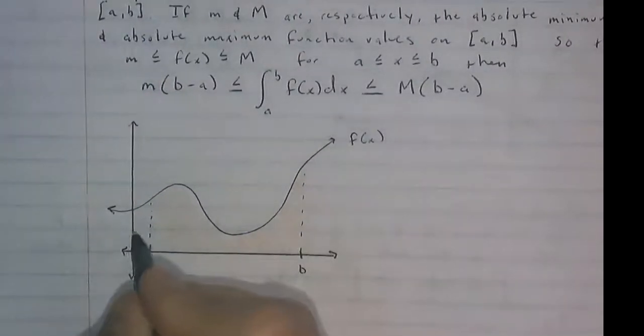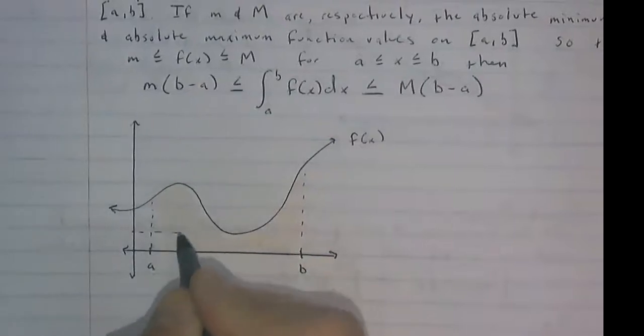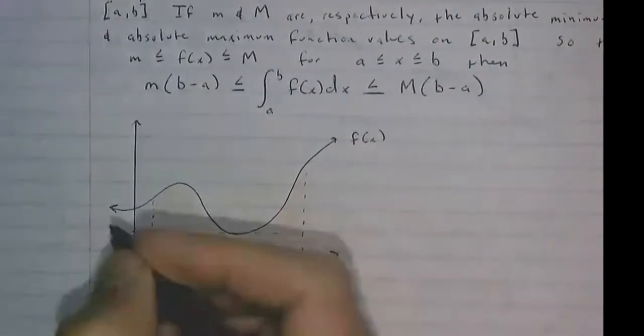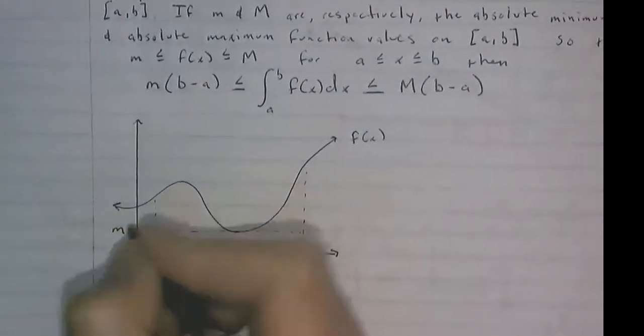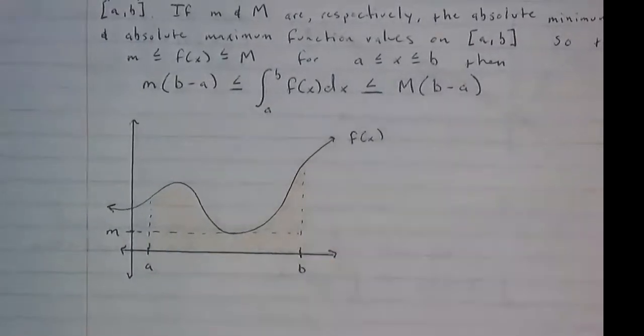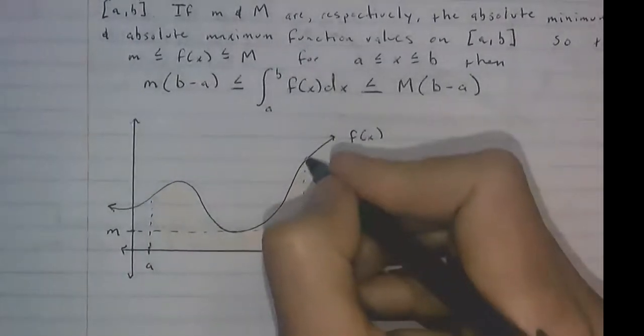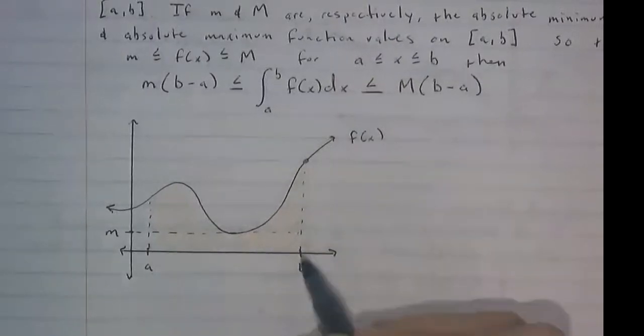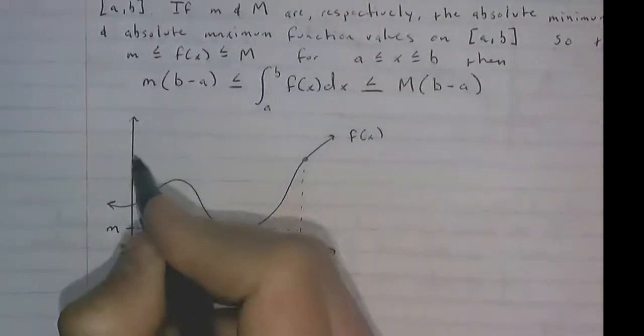So if we were to label this, this would be little m. This is the absolute minimum. And it actually appears that the absolute maximum in this case is at the endpoint b, which is incidental, doesn't really matter.